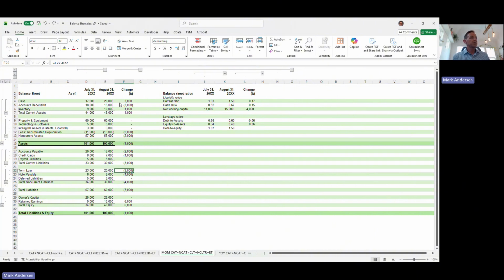Nothing super complex there, right? Now, if we saw something like this, where we saw an increase, that means someone's borrowing money, right? And so that is something that we want to look at as well. And again, it's just a matter of understanding what happened. So on to equity. All right.